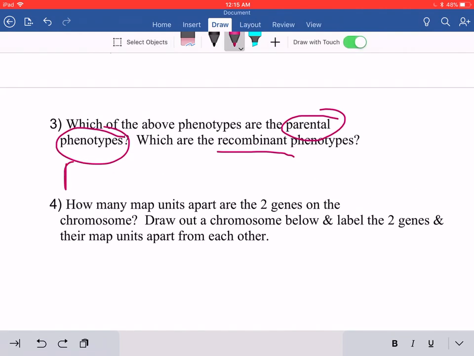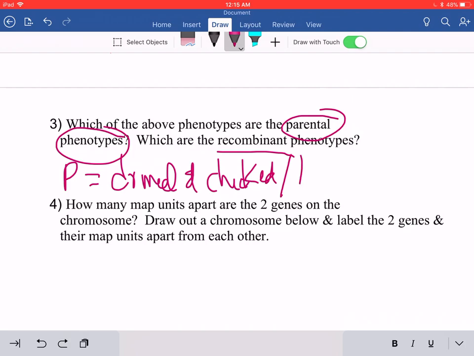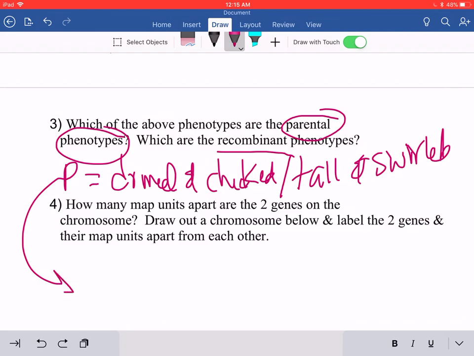So that's an easy way to figure out what your parental genotypes are and what are your recombinants. Your parentals are going to be the domed and checked and the tall and swirled. Now your recombinants, I'll just write them down here.